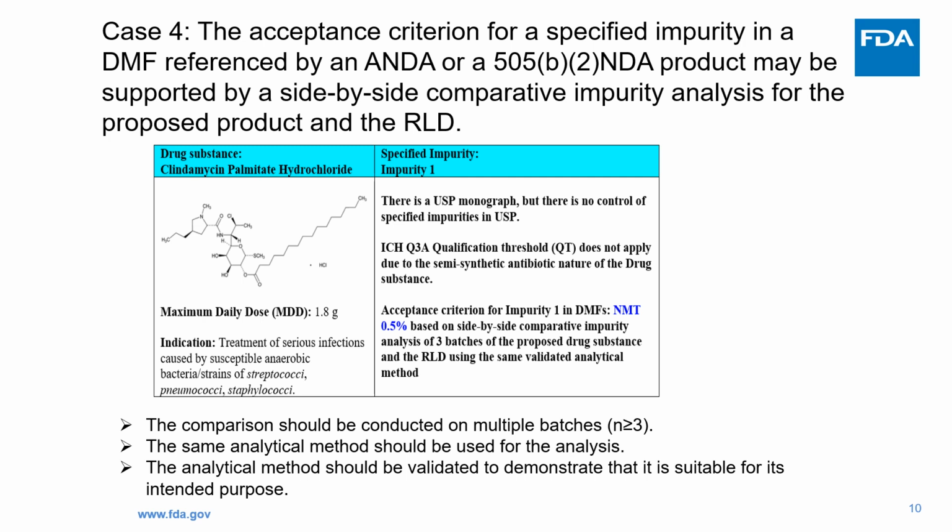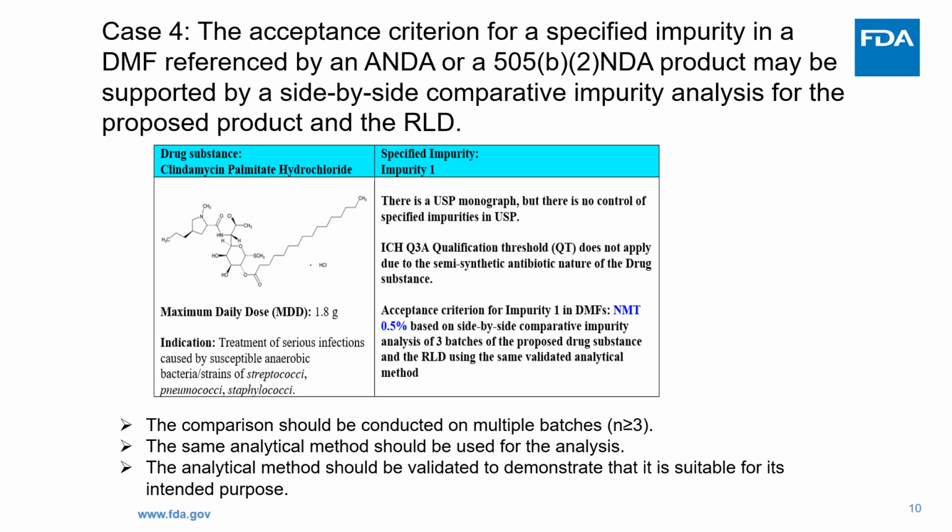However, USP doesn't control any specified impurities. On the other hand, ICH qualification threshold doesn't apply because this drug substance is a semi-synthetic antibiotic. In this case, since neither compendial monographs nor ICH guidelines apply, the DMF holder can perform a side-by-side comparative impurity analysis of 3 batches of the proposed drug substance and the RLD.